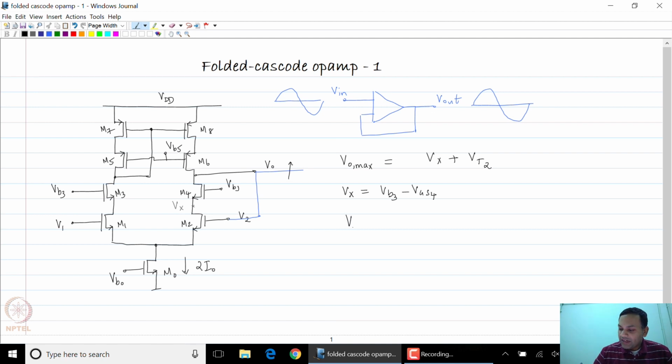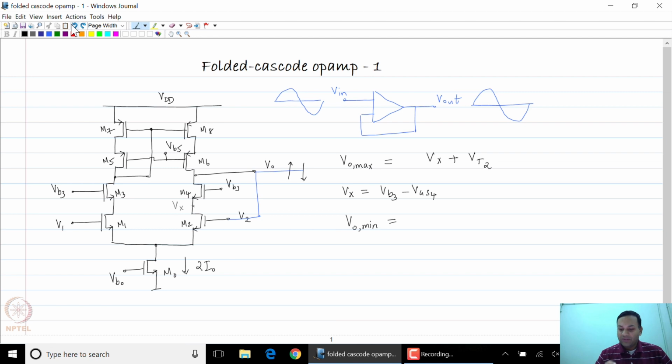Now what about the minimum value of the output voltage? So now let us say that the output is decreasing. So of course M2 goes further and further away from triode, but let us look at M4 now. So if you look at M4, you will see that its gate is constant at VB3, but the drain voltage keeps dropping, and that means that eventually M4 will hit the edge of the triode region.